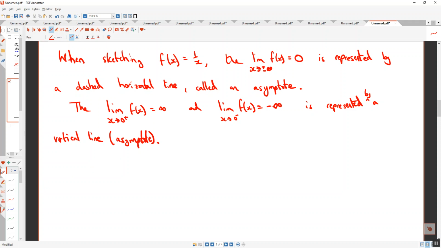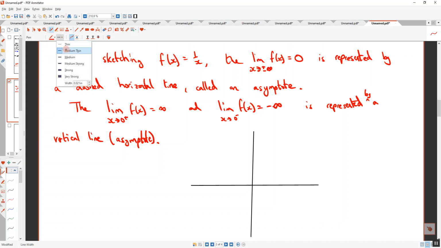So if I was going to do a sketch of this, it's more difficult whenever your asymptotes are on the axis, but when they're not, it becomes more clear.